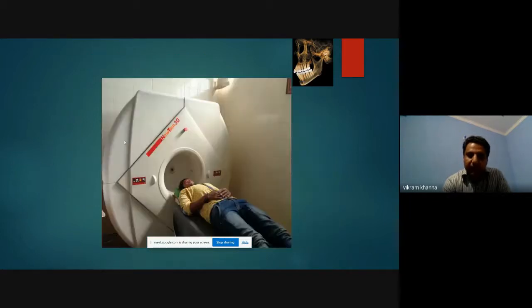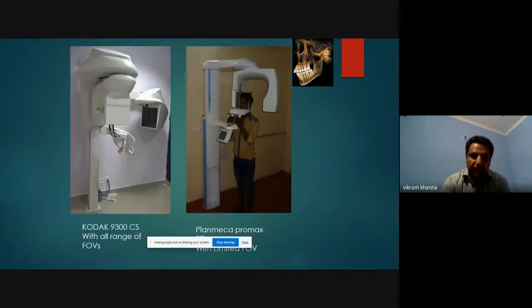This is a supine machine which we had earlier in our department. Now it has been decommissioned. This is one from Kodak which is in our department, the Kodak 9300 CS. An upgrade of this machine has come, the 9600, which has artificial intelligence in it.